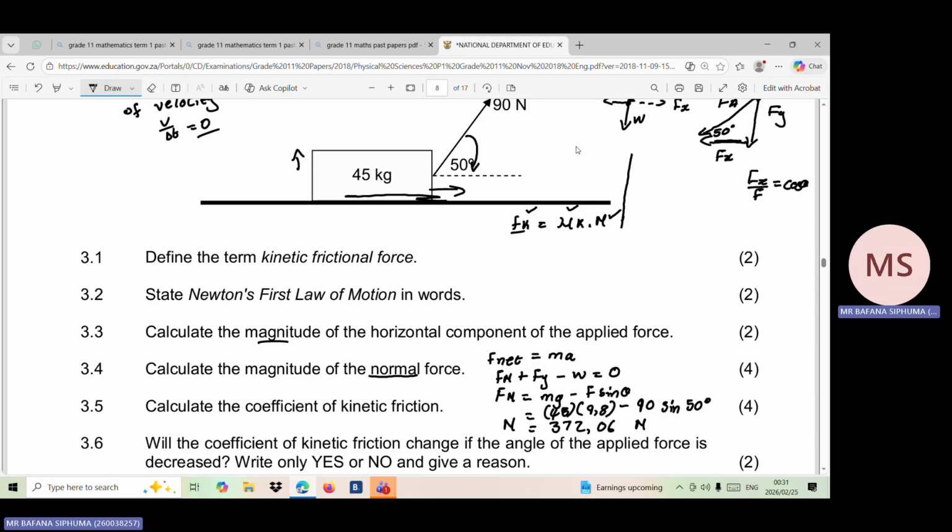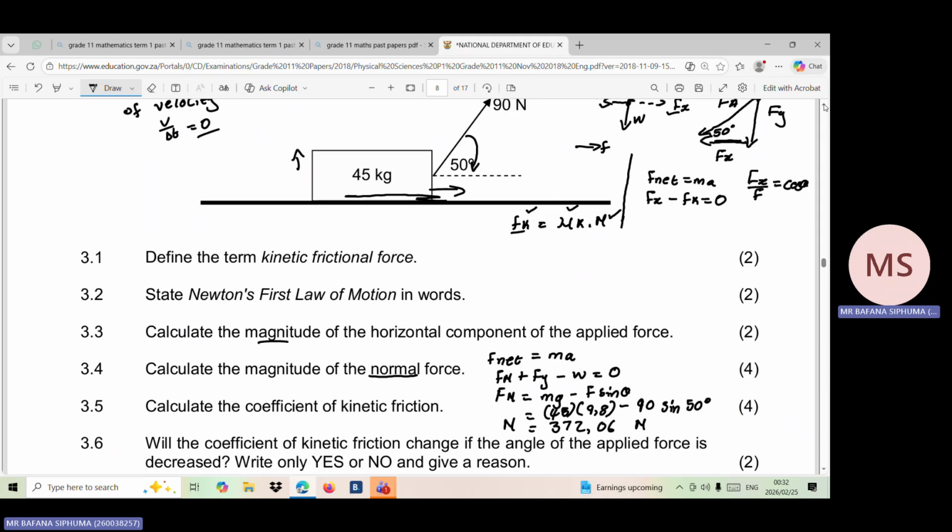If I check my motion, my horizontal motion, on my free body diagram, I only have Fx, this one, and Fk, this one, right? And then that means my F net will be composed of only two forces, namely Fx and the opposing force, which is Fk, and it equals 0.